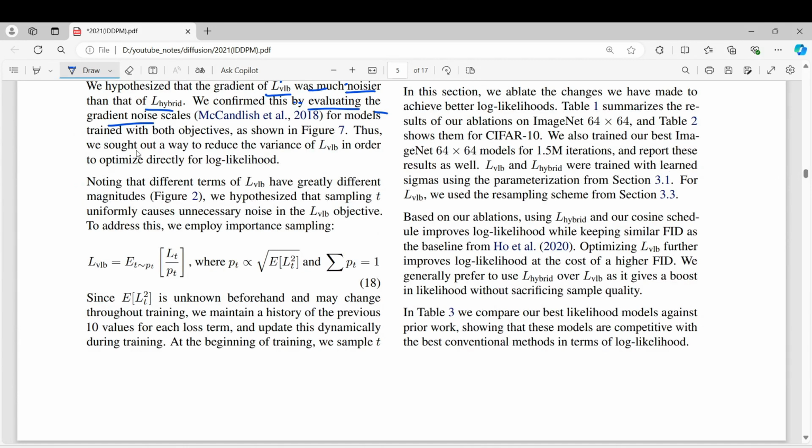And what they state here is: thus we set out to reduce the variance of the L_vlb objective in order to optimize directly for the log likelihood.